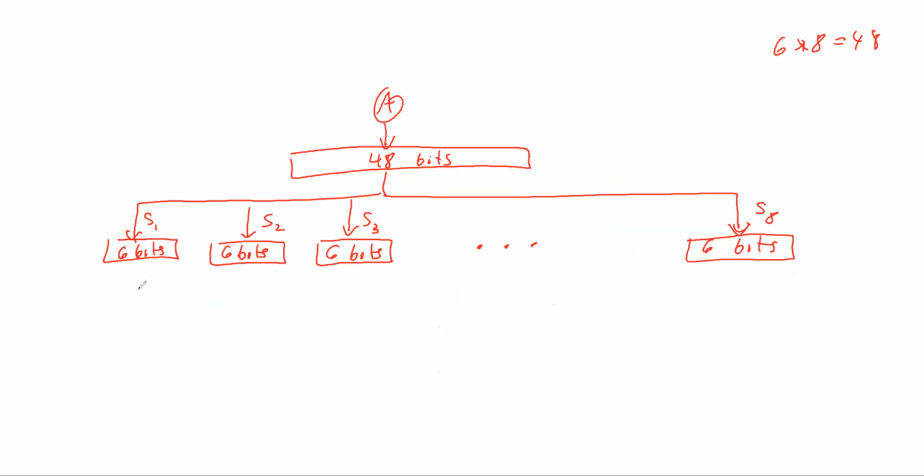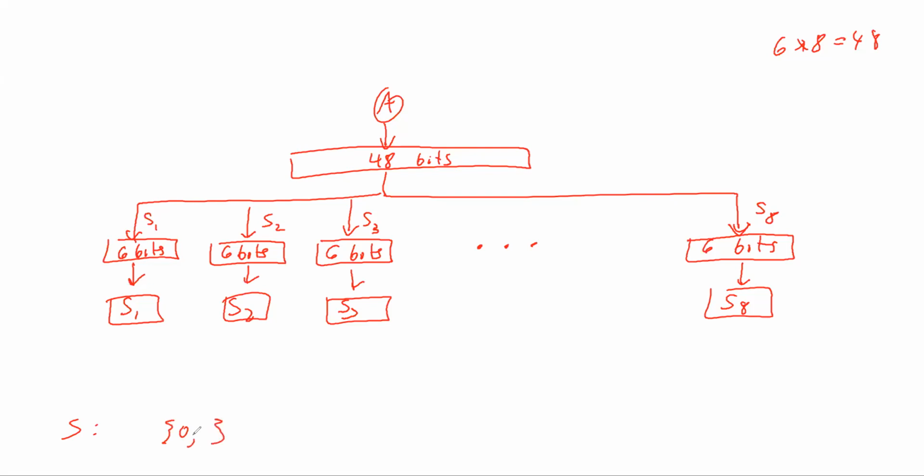The way we can do that is by applying a function S1, S2, S3, another mapping function, through S8. These S functions have a definition: they are basically functions that map bit sequences of size 6 into bit sequences of size 4.